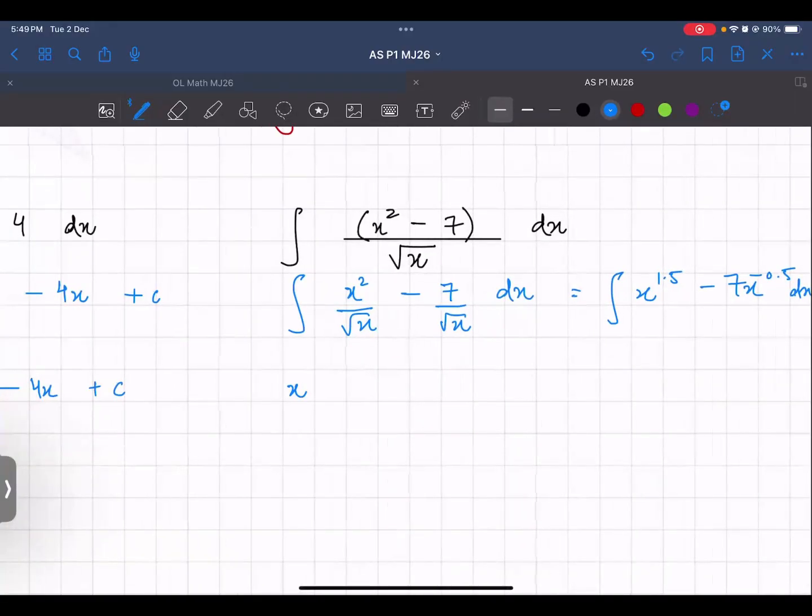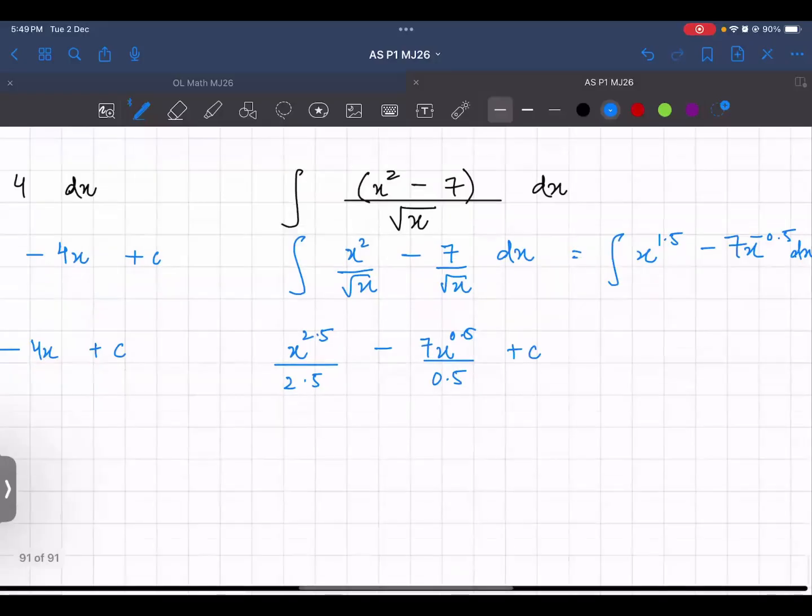So x power 1.5, add 1 to the power, will become 2.5 divided by 2.5. Then minus 7 x power negative 0.5 plus 1 will be positive 0.5 divided by positive 0.5, plus c. And if you want to simplify this further, 1 upon 2.5 will be 2 upon 5 x power 2.5 minus 14 x power 0.5 plus c. This is your answer.